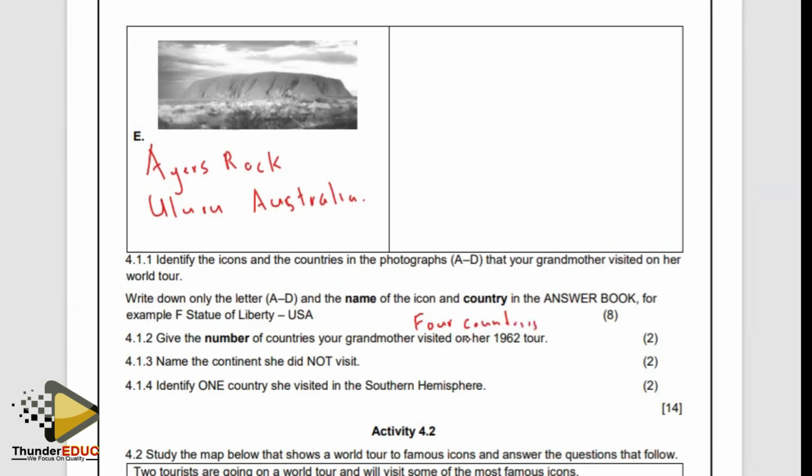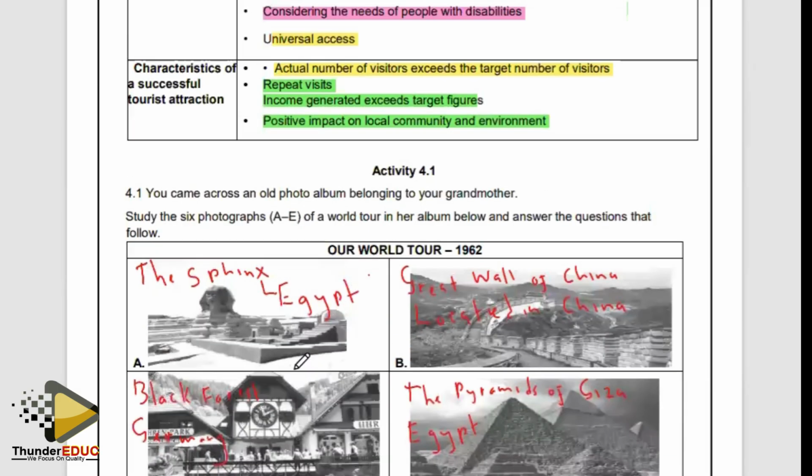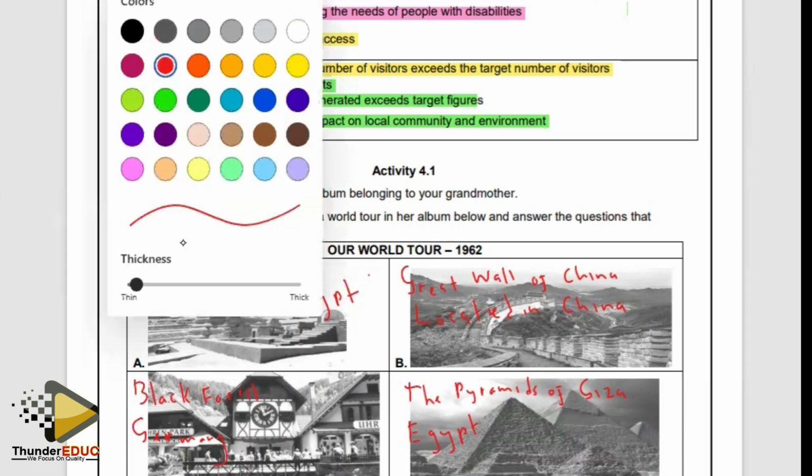All right, the next question reads, name the continent she did not visit. So let's go back to the icons. We need to identify where they are located. So the first one, the Sphinx in Egypt, located in Africa. Then the Great Wall of China, so I'll be writing the name of the continents down.